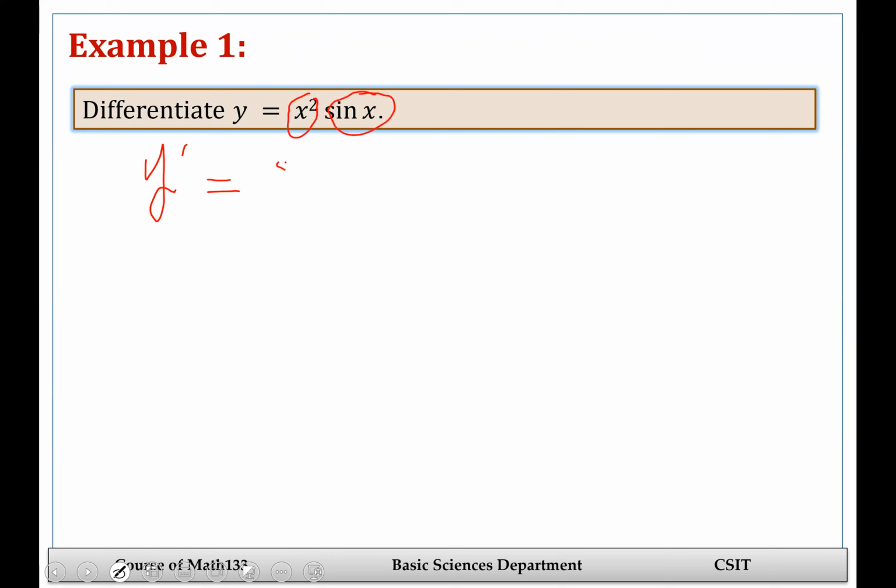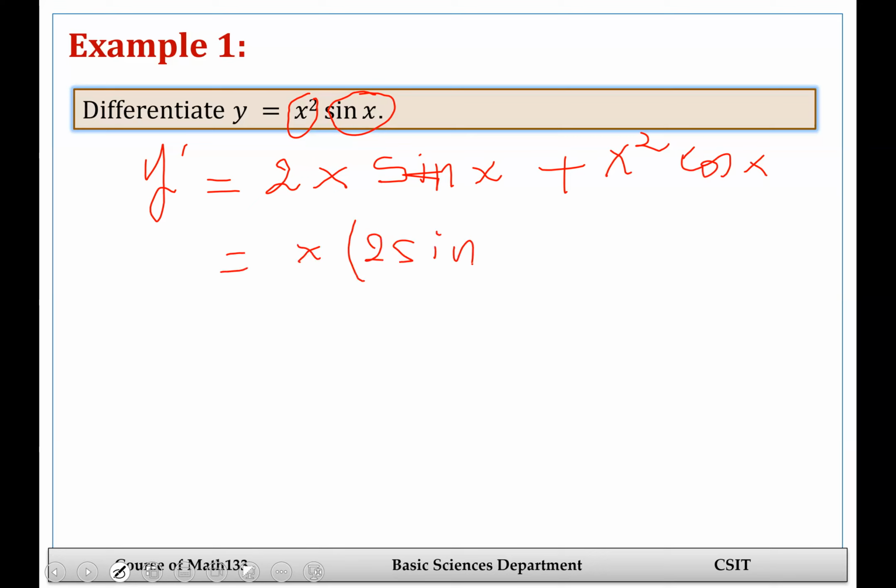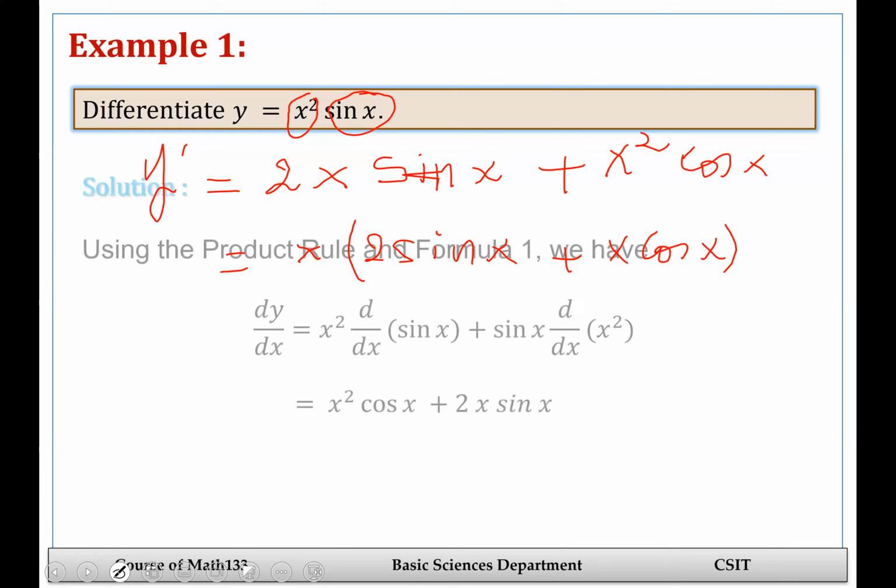So the first one derivative is 2x multiplied by the second one without derivative, then plus the first one without derivative times the derivative of sine, which is cosine here. And we can keep the result like that, or take the common factor x, which gives 2 sine x plus x cosine x. So this is simple example.